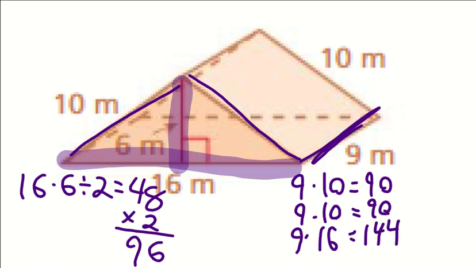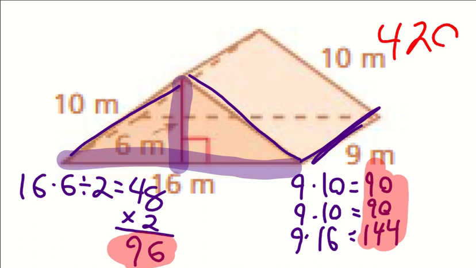Okay? Everybody good with how I got those numbers? Now you take the three rectangles, add them with the two triangles, and that's how we get the 420. Okay? Any questions?